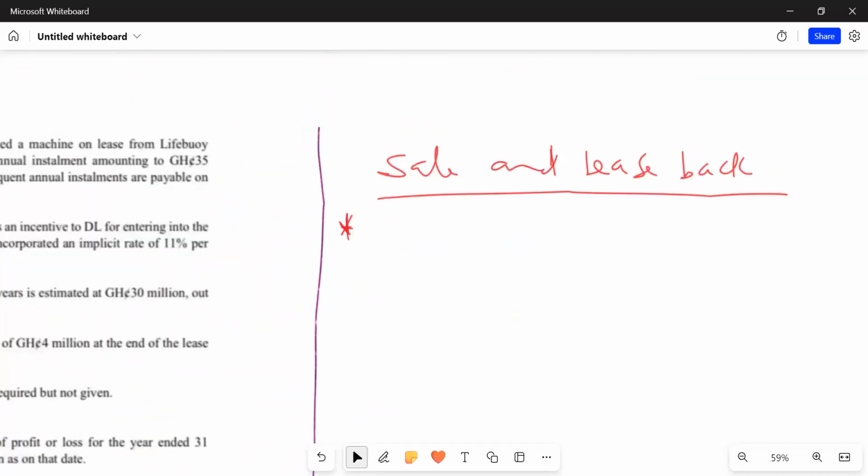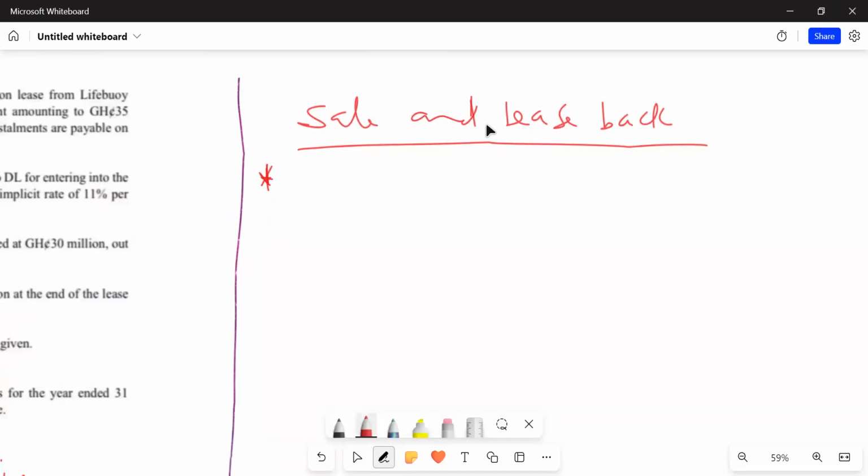So for sale and leaseback, the first thing you have to ask yourself is to determine whether the transaction is a sale, or constitutes a sale. If you find out that the transaction constitutes a sale, then you account for it in accordance with the provisions of IFRS 16 Leases.